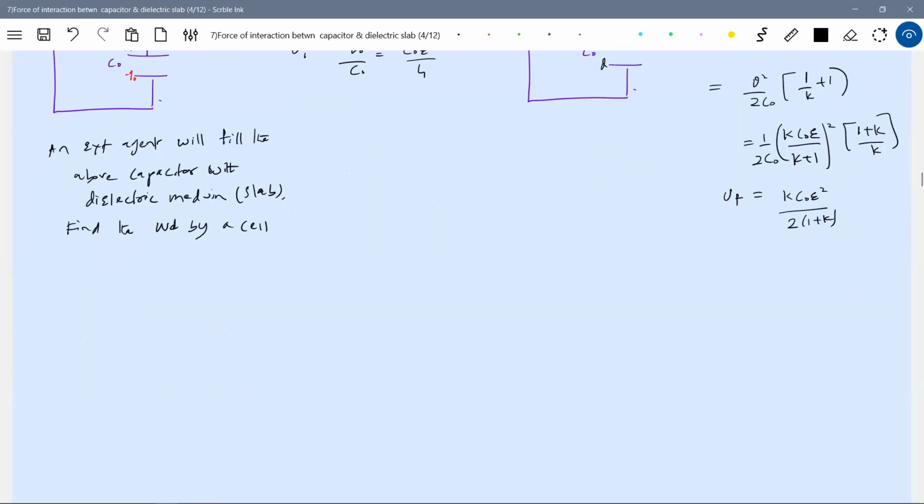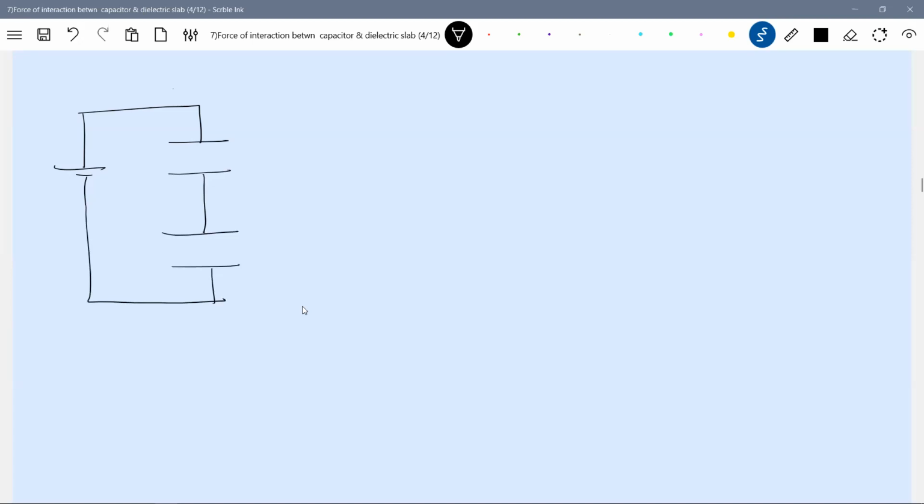We'll discuss the next situation. If there is a cell, an external agent will pull out the slab from the plates of the capacitor.